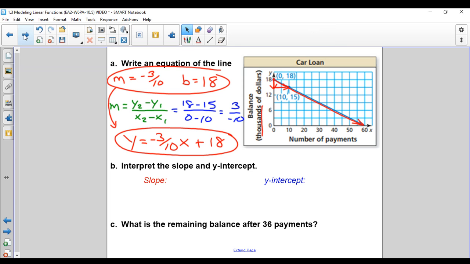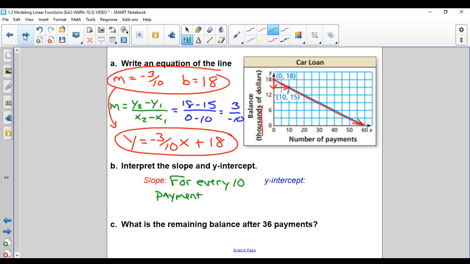So our interpretation is going to be something like this: for every 10 payments, the balance goes down $3,000.